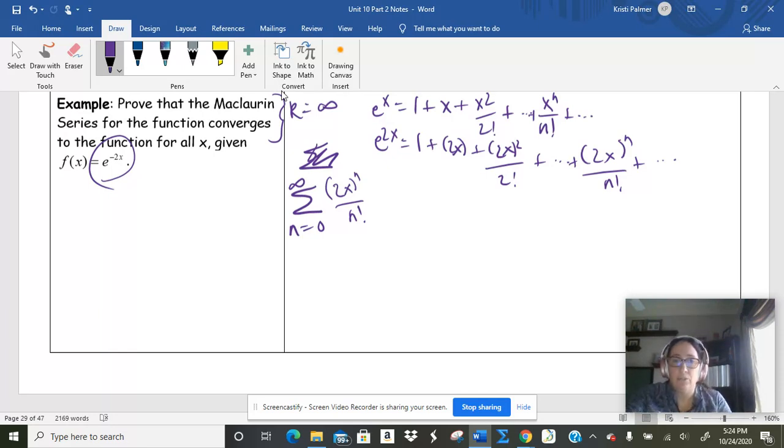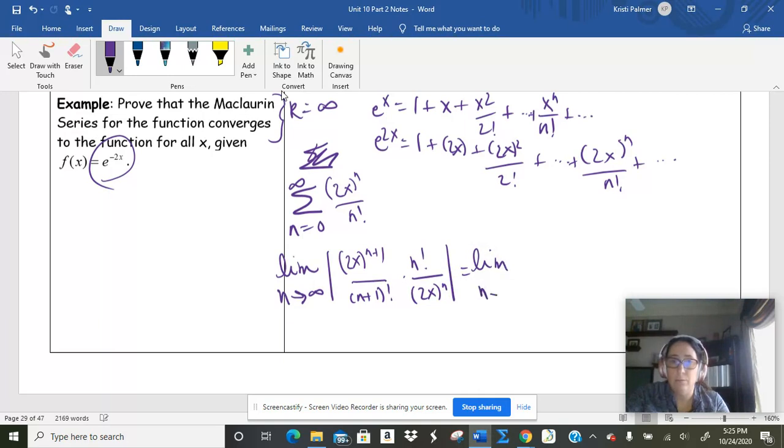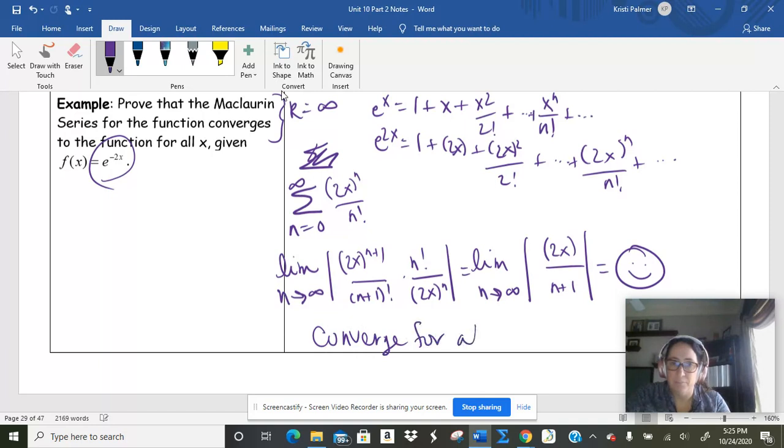So this is not a geometric series, so to find that radius of convergence, I'm going to need to do the ratio test. Rewrite. And it's bigger on the bottom. There are no n's on top, so I get 0, which tells me that I converge everywhere. Yay! And that's what we wanted to show.